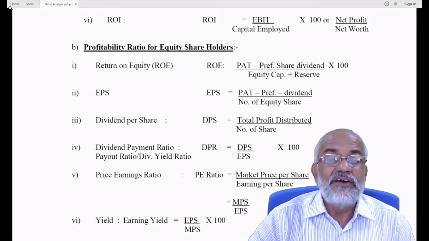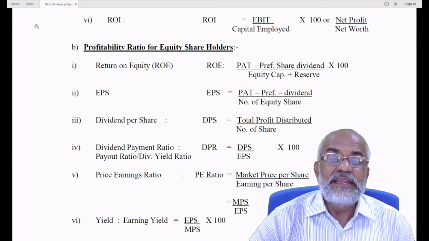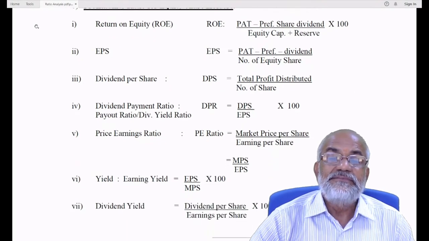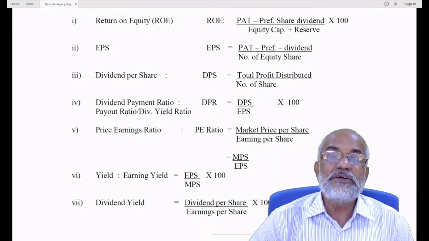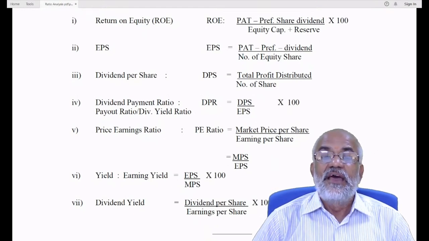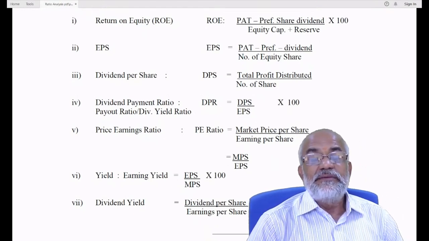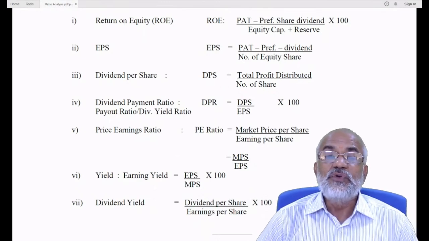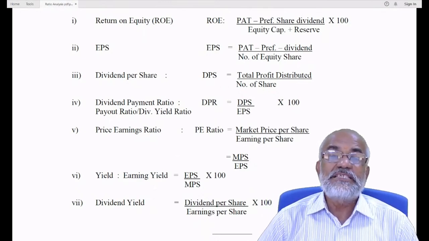Then earning yield, or the yield ratio, is computed by earning per share divided by market price per share into 100. It is just the opposite of the price earning ratio.